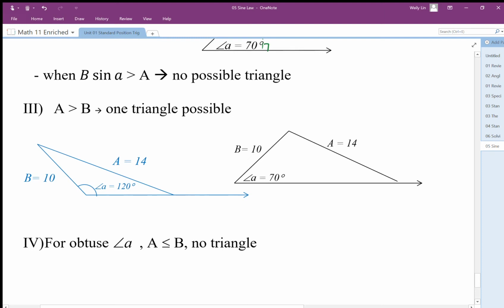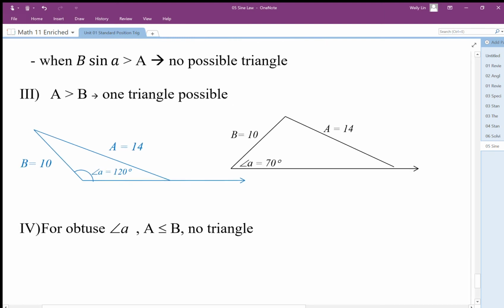The other special case is when we have angle A and side a is bigger than side b. So here's angle A, here's adjacent side b, and side a is longer than side b. The side opposite to angle A is longer than side b.